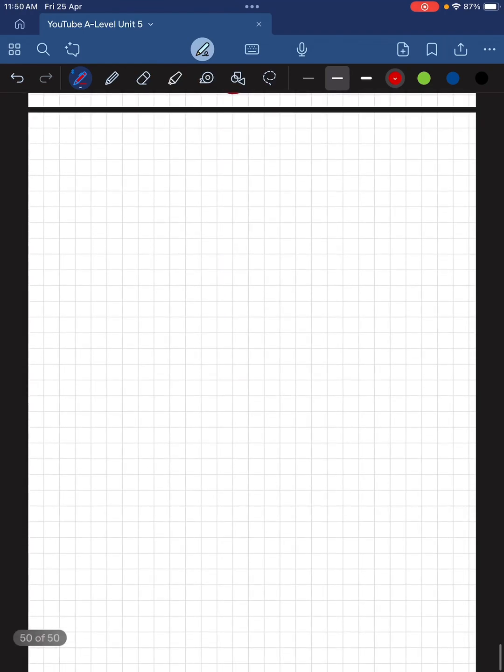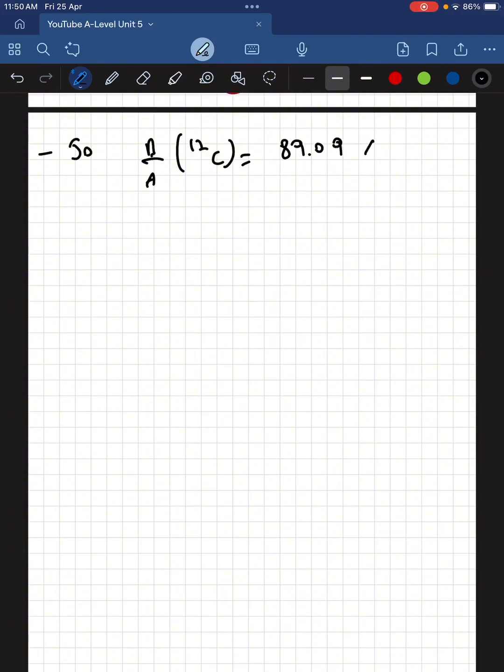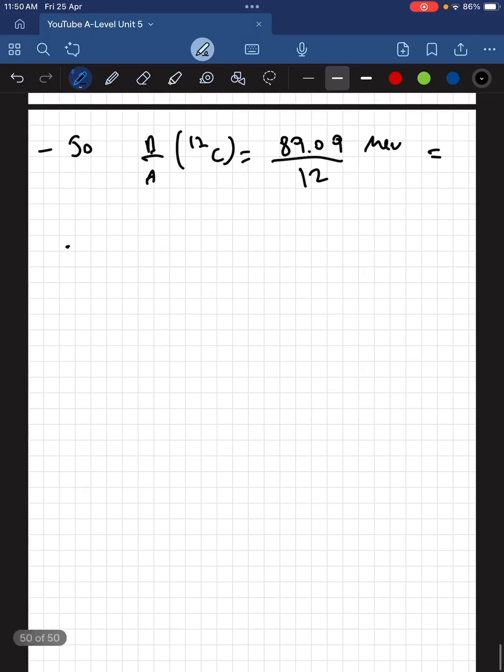So now let's go find the binding energy per nucleon. So binding energy per nucleon for carbon-12 is equal to 89.09 MeV over 12, because that's the mass number of carbon, and we find 7.42 MeV per nucleon.